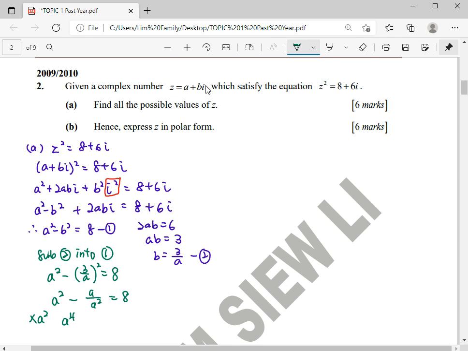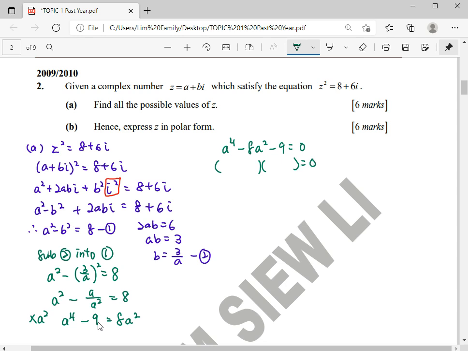So a kuasa 4 tolak 9 equals 8a square. So actually this is our quadratic, because this is our x square, this is our x, this is our number. So when we rearrange, it equals a power 4 minus 8a square minus 9.